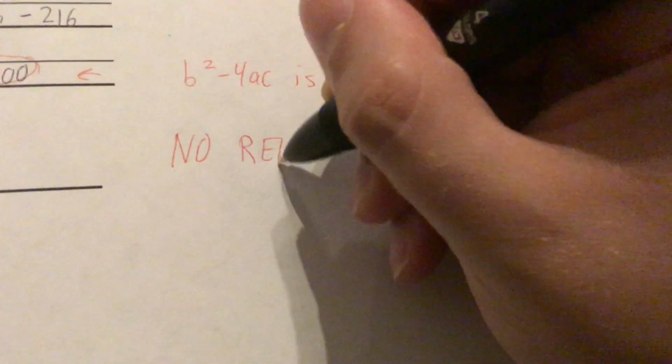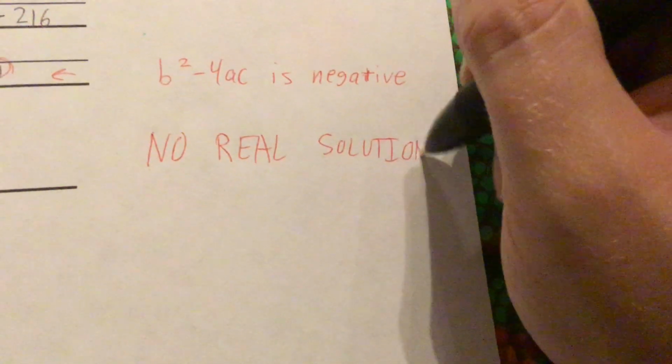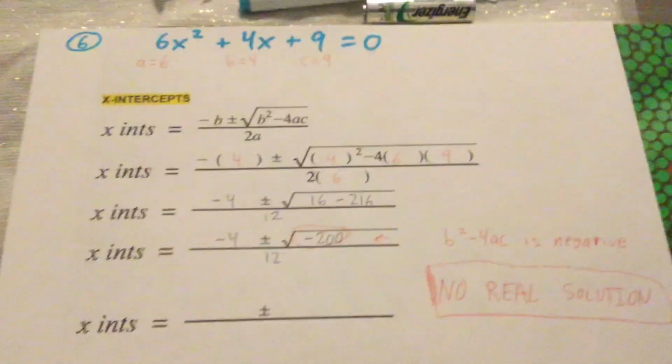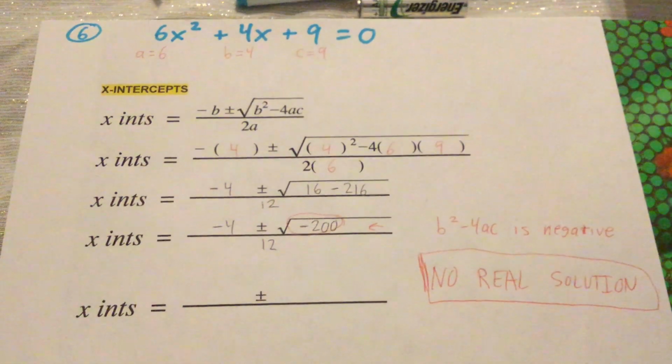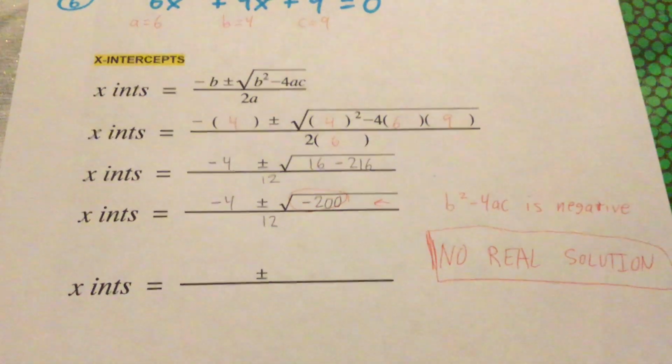So therefore, the solution is that there is no real solution. There's no real x-intercepts to this problem. Yes, there may be a problem where there is no real solution, and that's because the discriminant is negative.